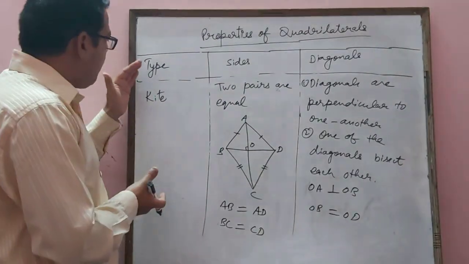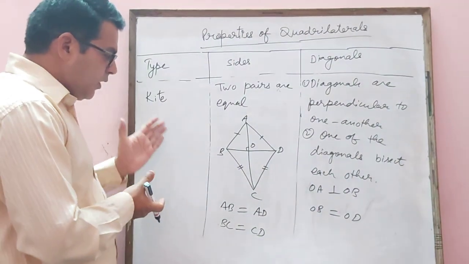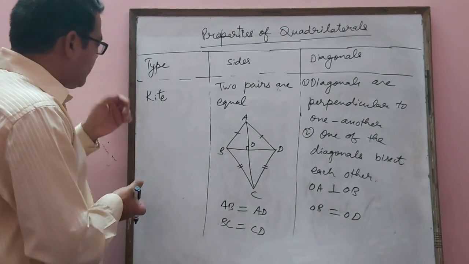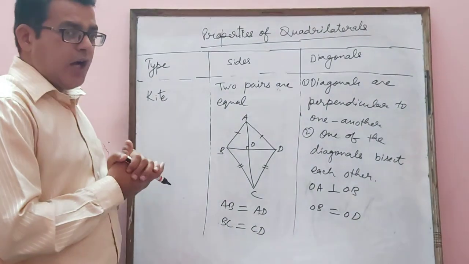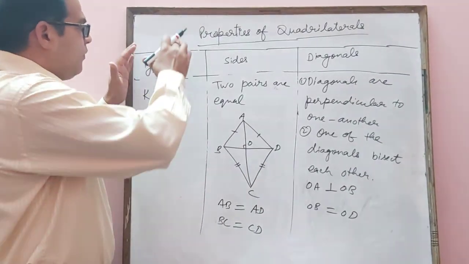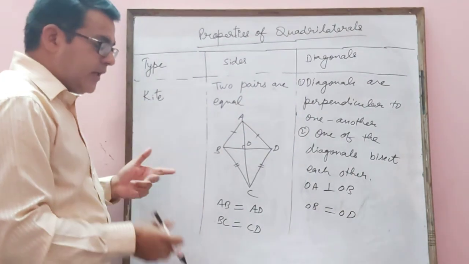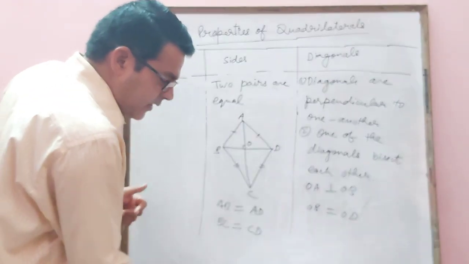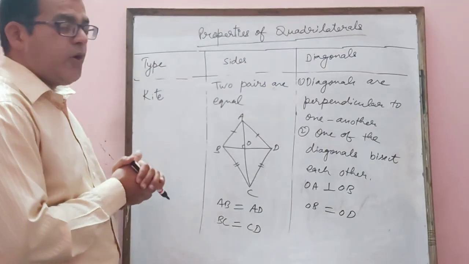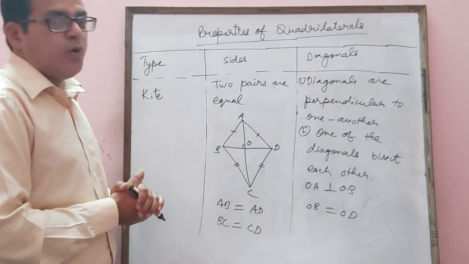So today we have discussed five types of quadrilaterals: parallelogram, then rhombus, then rectangle, then square, and at last kite. Now this was all about the summary of the properties, and your next exercise, exercise 3.4, is based on these properties of quadrilaterals.